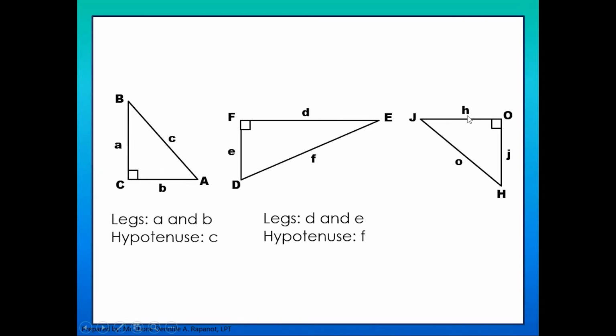Therefore, adjacent to that are legs H and J. And opposite to that is your small letter O. So we can all say that legs are H and J and hypotenuse is O. Hopefully, things are clear here. Everything is crystal clear. It was mentioned a while ago that trigonometry can help us to identify the unknown values of the sides of a given right triangle.